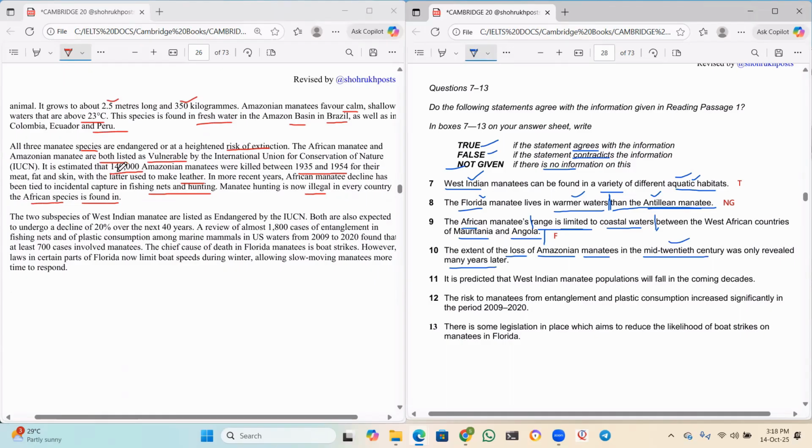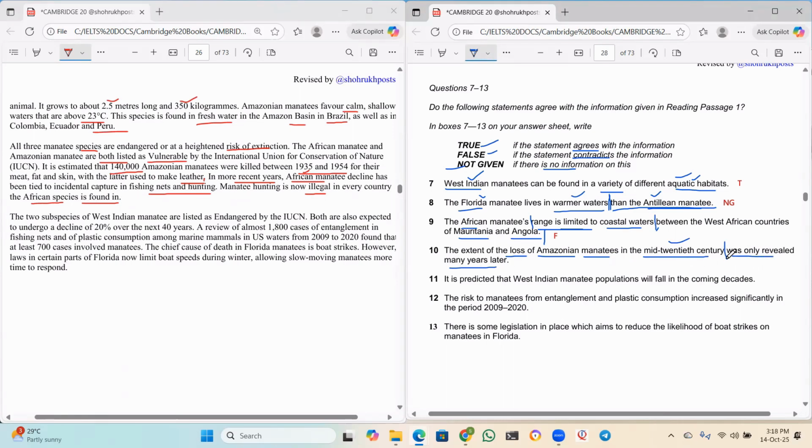It is estimated that 140,000 Amazonian manatees were killed between these years for their meat, fat, skin, and to make leather. Till here fine. In more recent years, here he's talking about the African manatee, this is Amazonian, right? African manatee decline has been tied to fishing and hunting. Now it is illegal in every country in Africa. Right, fine.